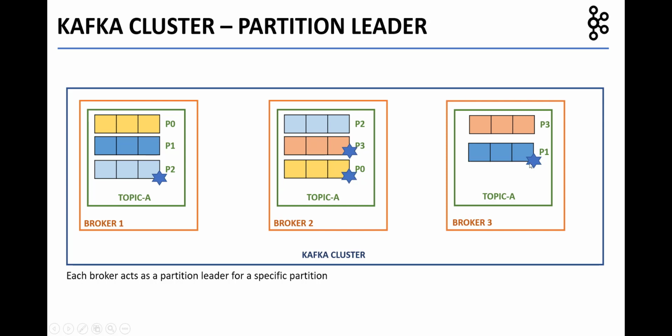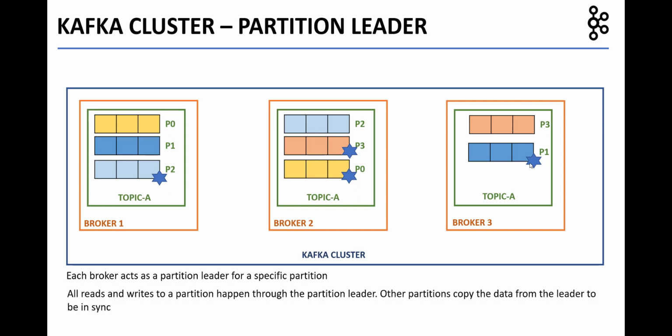And broker 3 is a partition leader for partition 1. All the reads and writes to a partition happen through the partition leader. Other partitions copy the data from the leader to be in sync. Now, the replicas of a partition that are in sync with the leader are called in-sync replicas, also known as ISRs.